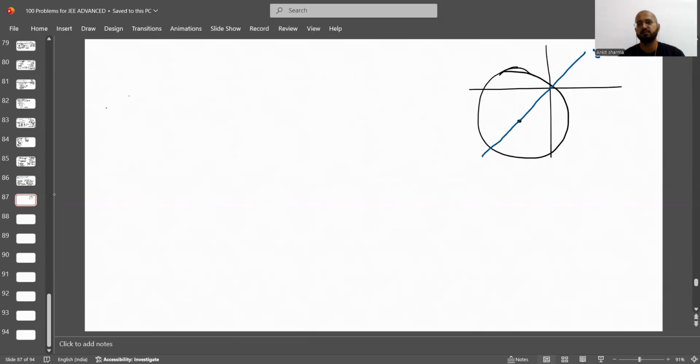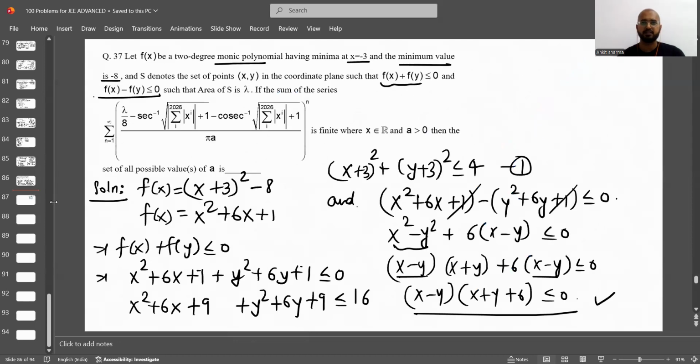And x plus y plus 6. So x plus y plus 6 would be 6 units above. Means this would pass through. And by the way, if you notice, then center is -3, -3, and my line is passing through this. So my line is again passing through this also. So now what we want is the area of that region which is lying between these two lines.